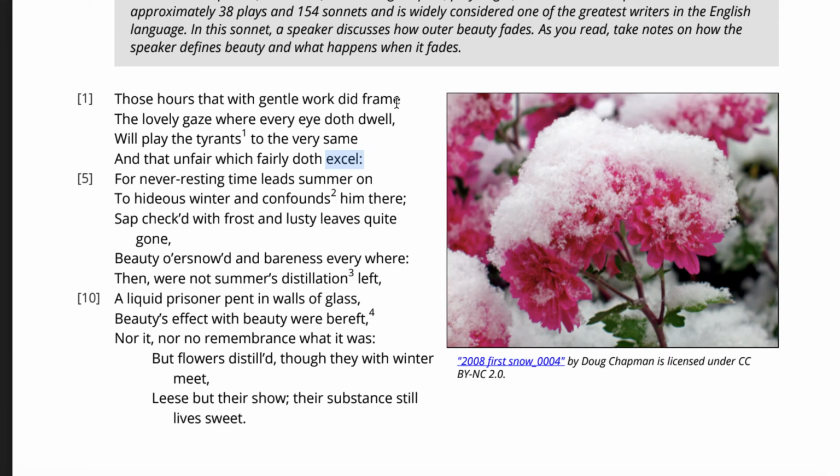But we have A, "frame," B, "dwell," A, "same" rhymes with "frame," B, "excel" rhymes with "dwell," AB rhyming pattern. Now that we have finished with our AB rhyming pattern, those words go away. You cannot use words that rhyme with those again at the end of the line in this poem or this sonnet. So now we move to CD, CD.